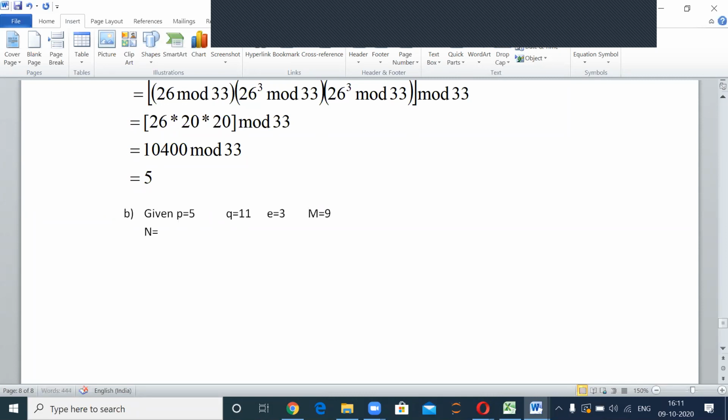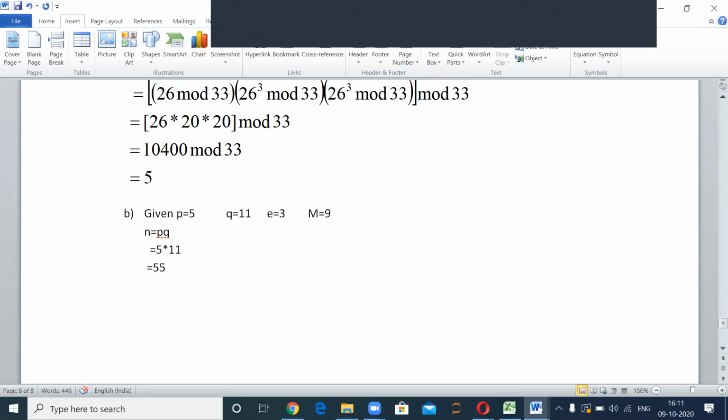We calculate small n, that is P into Q. P is 5 into Q, that is nothing but 55, right?